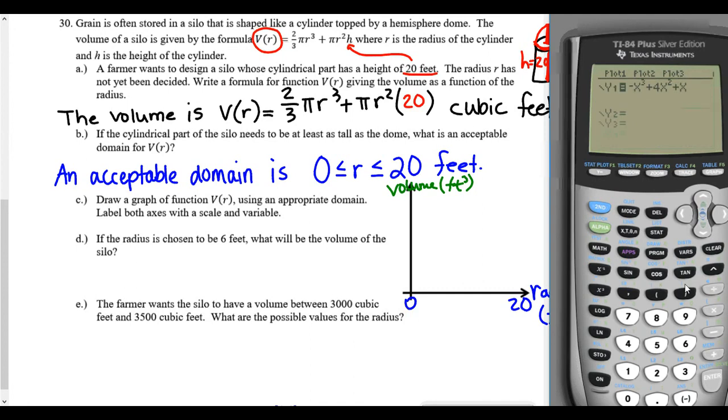So clear that out. I have 2/3 to get a fraction. I hit math, I go over to number, and then I go up, and that n over d will provide a fraction for me. So I've got 2/3, and then I have a pi, and where's pi down here?